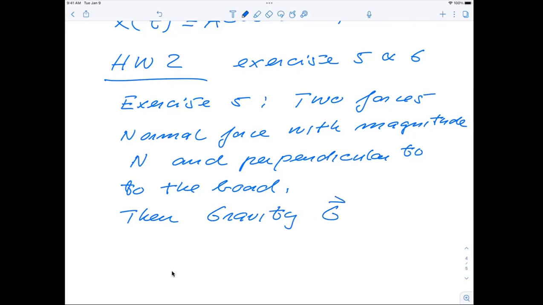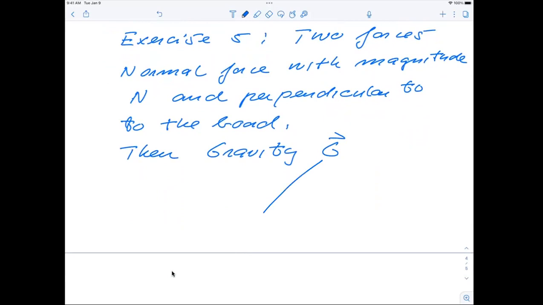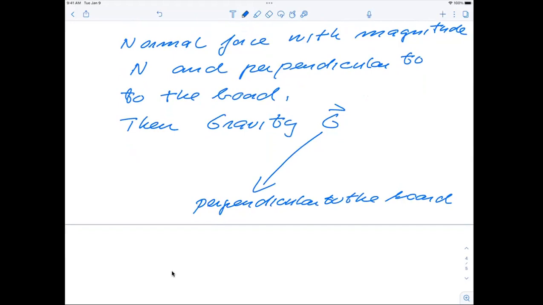And what we can do in this exercise, since we have an angle theta, is split this one into two components. We are thinking of this gravity pointing downwards, so we can split it into a component which is perpendicular to the board, and a component parallel down the board.